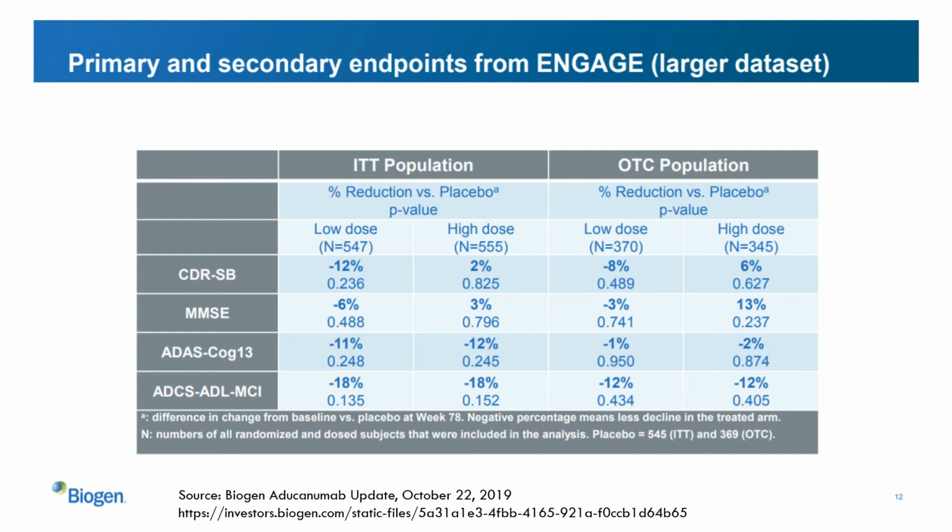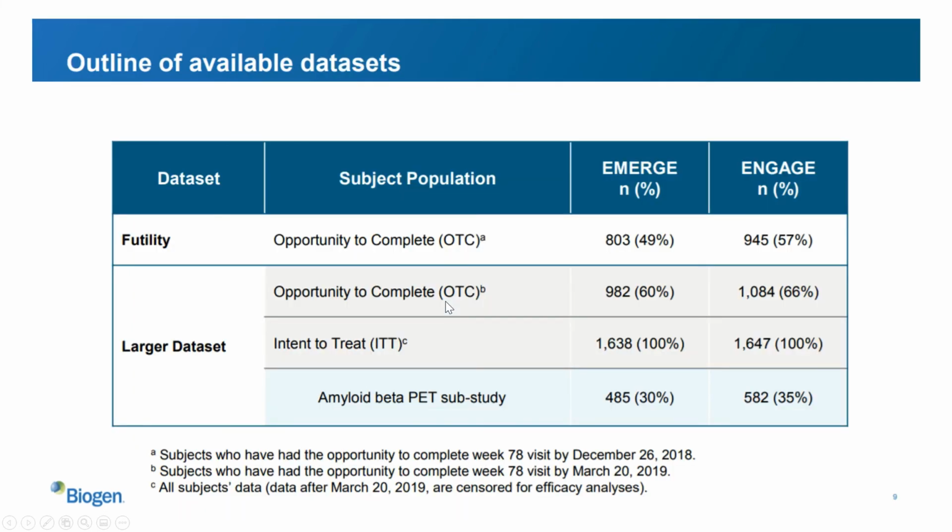There must have been a lot more patients in EMERGE who got the 10 mg per kg dose for longer, and those patients must have done better than the patients who received only the 6 mg per kg dose, if that actually did make a big impact on the results of the primary endpoint.